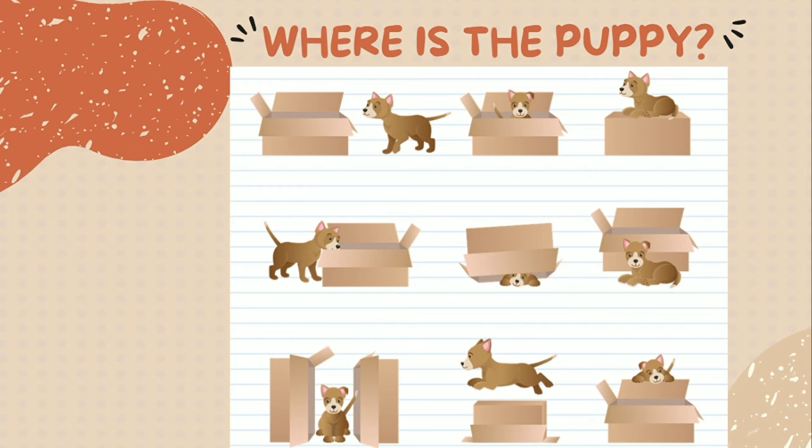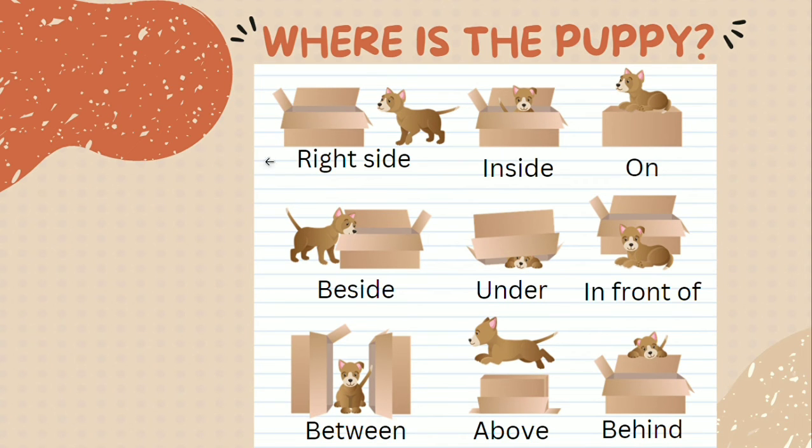Okay, so let's check. For the first picture, the puppy is on the right side of the box. The right side karena dia ada di sebelah kanan, and there's some spaces between them. So we can use the right side or perhaps close to or near to.